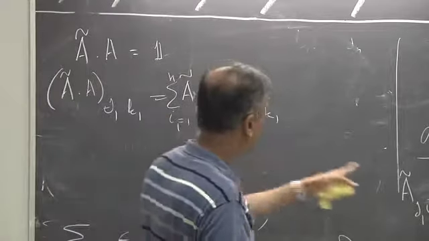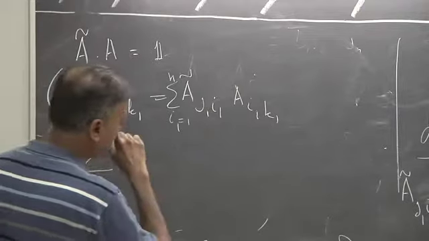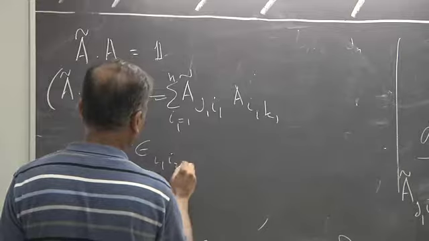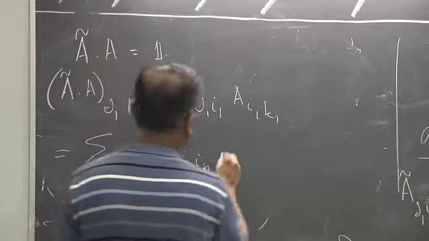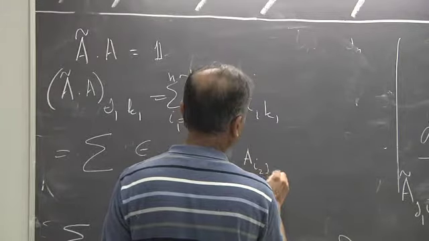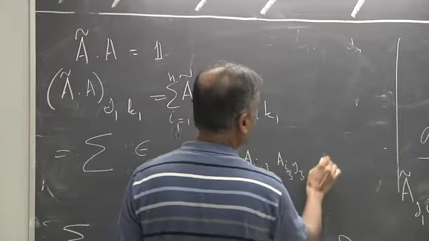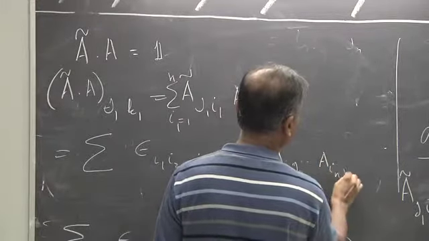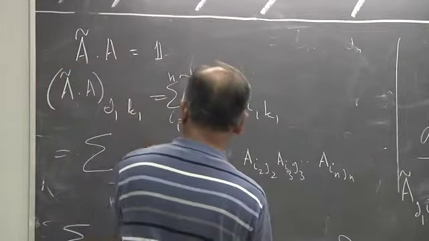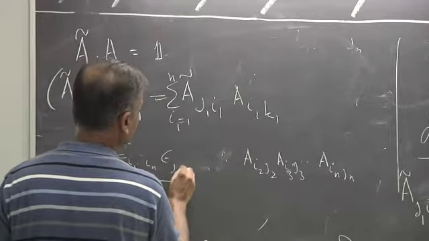Okay, A tilde is there, so let's write this down. I have a summation, which I will define later. So epsilon i1, i2 up to iN, A i2 j2, A i3 j3, up to A iN jn, divided by factorial n minus 1 and the determinant of A, with two epsilons: epsilon i1 up to iN, epsilon j1 up to jn.